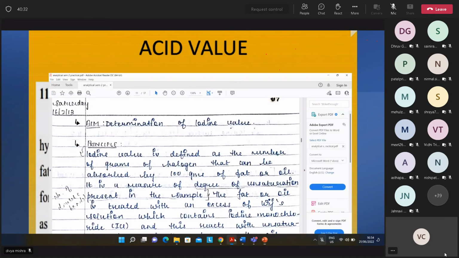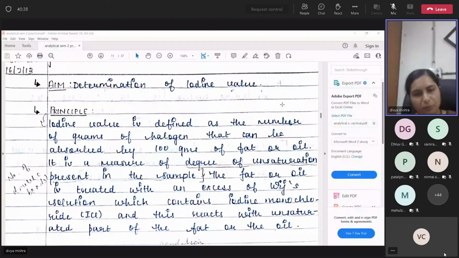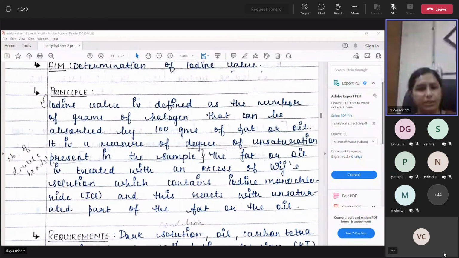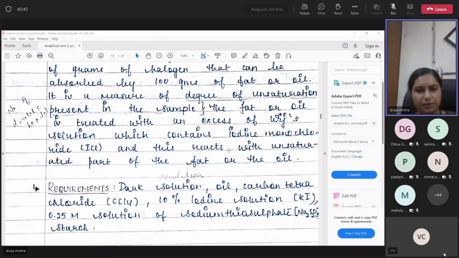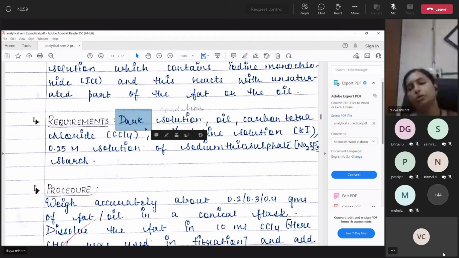Now, this is the portion from the journal. We have already discussed the aim and principle. These are the solutions. Since we are performing the determination of iodine, we will have to keep this in dark conditions, otherwise it can undergo photodecomposition.